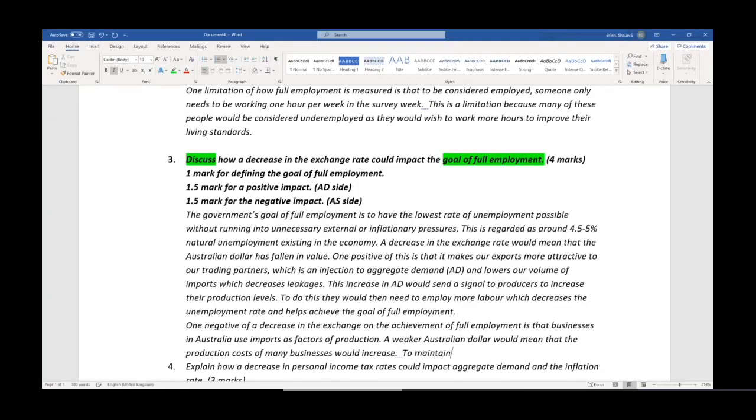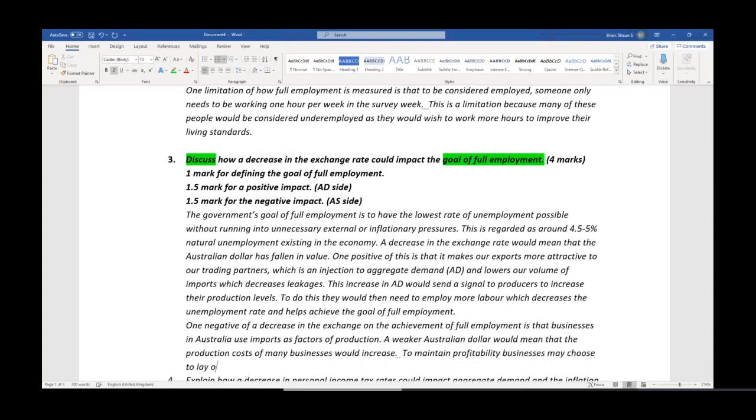To maintain profitability, businesses may choose to lay off workers, which increases the unemployment rate and makes it harder to achieve the goal of full employment.